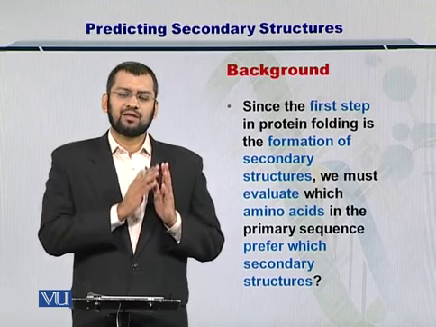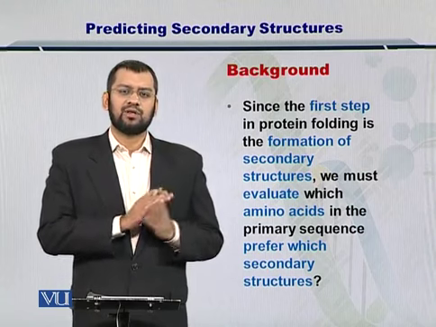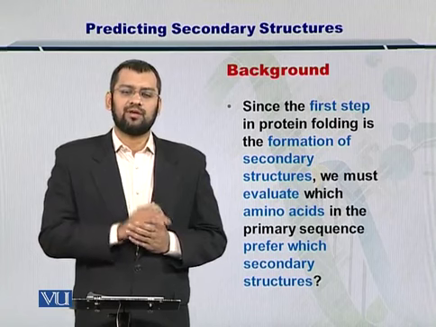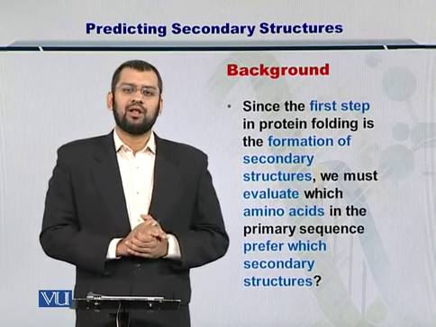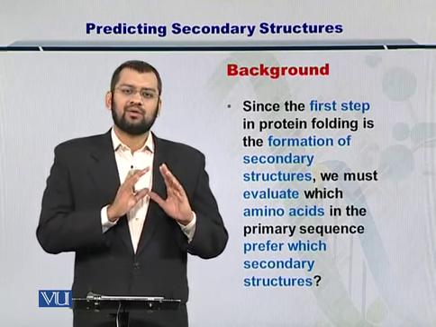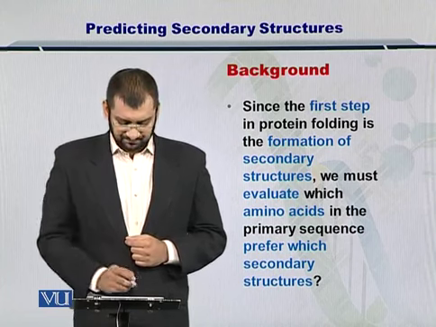So by looking at which amino acid from each of these 20 amino acids prefers to form an alpha helix or a beta sheet or a loop or a coil, then we can kind of guess where an amino acid will prefer to exist within the secondary structure.